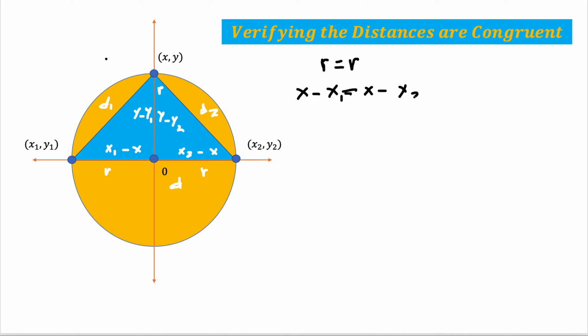And now in the other part, y minus y1 is equal to y minus y2, so this distance is equal to itself, by the reflexive property.